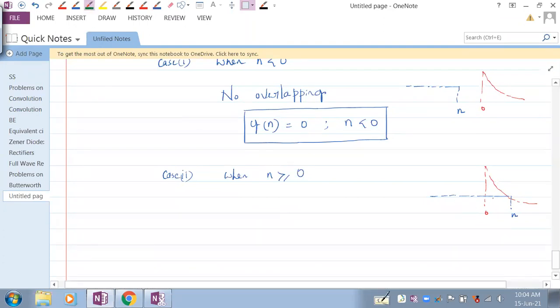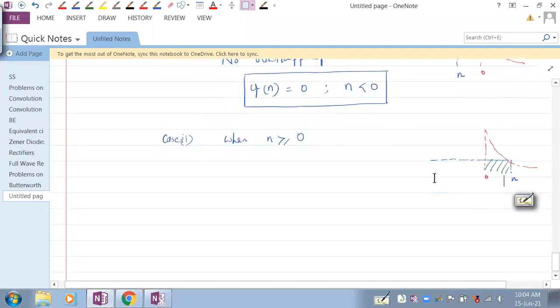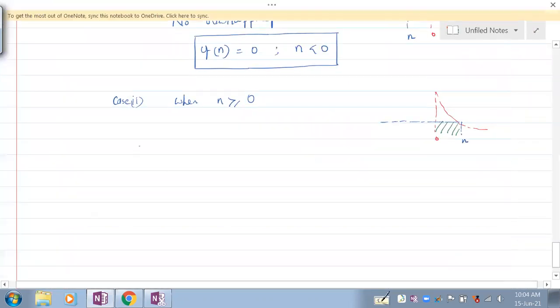The overlapping range is 0 to n. This is for your reference, and you can even show this, not at all a problem. Therefore, there is overlapping when n is greater than or equal to 0. Let's directly say the overlapping range.